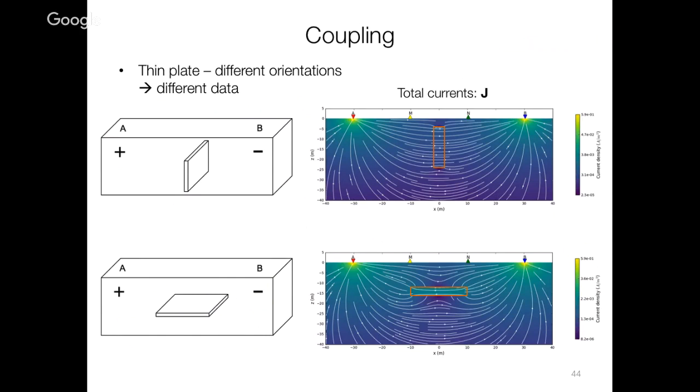Now suppose I make it a conductive target, or I make it a resistive target. Is it going to make any difference? Suppose this background is 100 ohm meters, and I made this 1,000 ohm meters, or I made it 10 ohm meters. Would we expect it's pretty much the same, or is it going to make a difference?